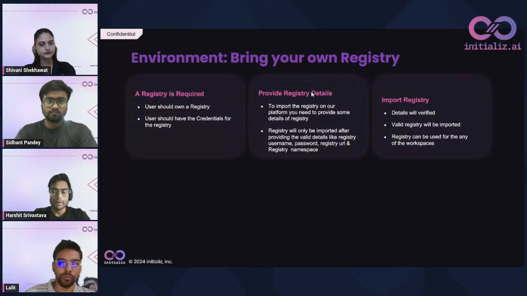For bring your own registry also, you should have an account on any registry like Docker Hub or Azure. And then coming up to our platform, if you are trying to bring your own registry, you need to fill a form with certain details for the registry, such as the name of the registry, and I will show that in the demo, and then you can import that registry as well.